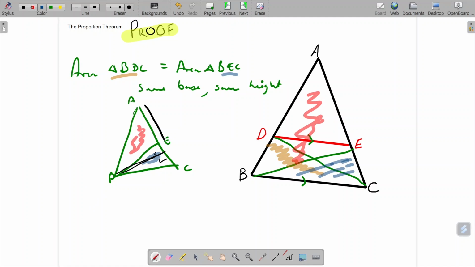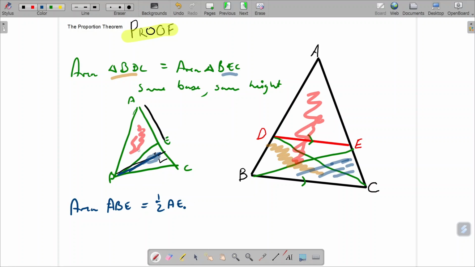Well, that means that the area of the red triangle, which is ABE, would equal half times the base, which would be AE, times whatever we call this black line over here.